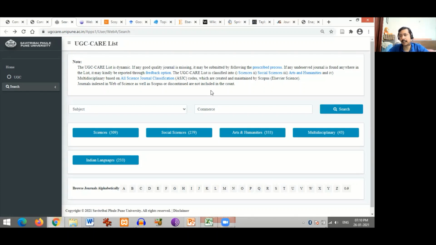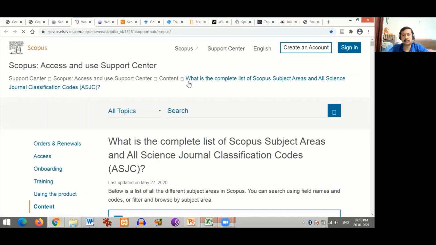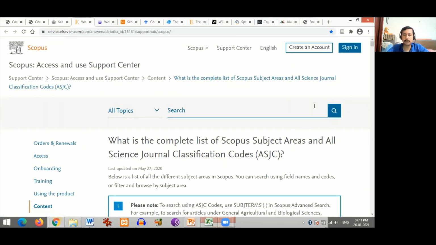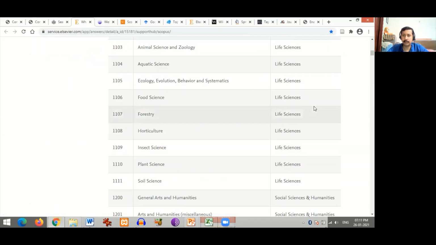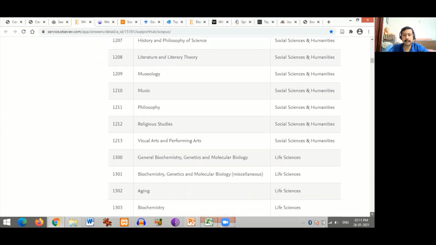So you need to understand what is the name used by all science journal classification for the subject commerce. So you can visit all science journal classification page and find out the most suited subject. You can see here most suited subject and enter that particular subject name in order to find out.